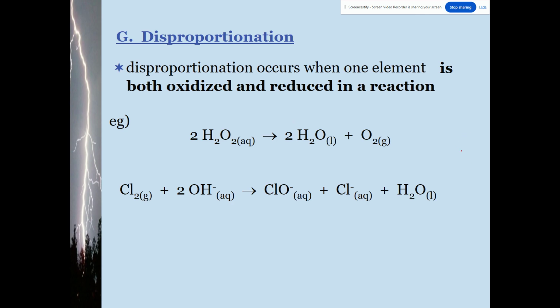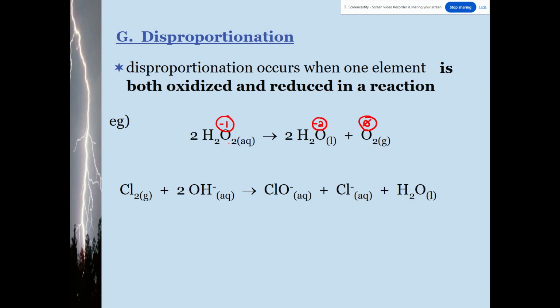If we look at the oxygen in this first reaction, the decomposition of hydrogen peroxide, this is a common disproportionation reaction because oxygen in hydrogen peroxide, remember that was the exception, where the oxygen is -1. In every other compound, it's -2, and when it's by itself in its atom form, it's 0.